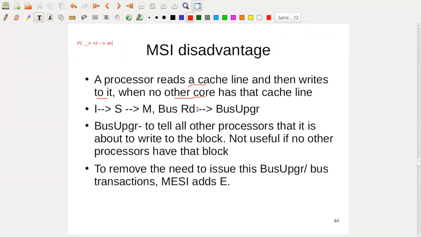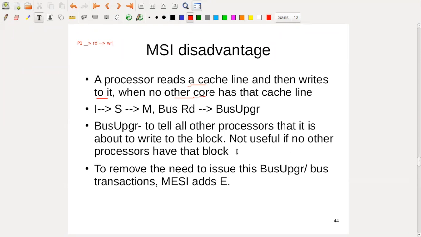Now it is going to send a bus upgrade signal to all the other processors that it is about to write to that block. Because it's a cache hit, it's going to send a bus upgrade signal. Now, the disadvantage or the problem here is that there is no other processor which has that block, because there's only one processor, P1, which has this block, and therefore this bus upgrade signal is not really useful for the other processors.